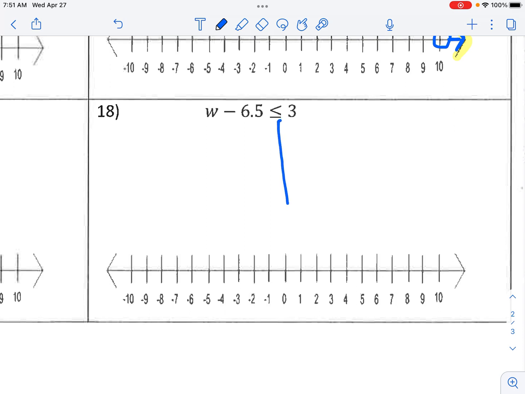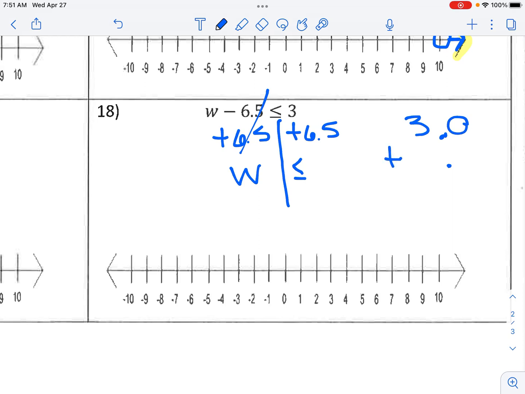Last one. Draw your mirror. Inverse operation. We're going to add 6.5 to both sides. -6 5/10 plus 6 5/10 cancels. Since I'm adding decimals, I'm going to line them up.